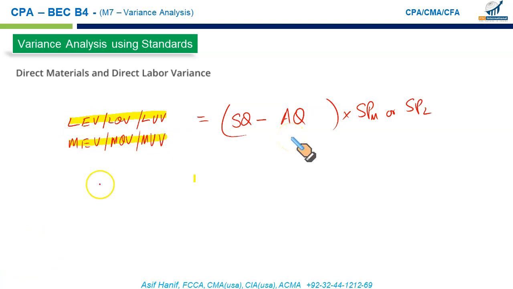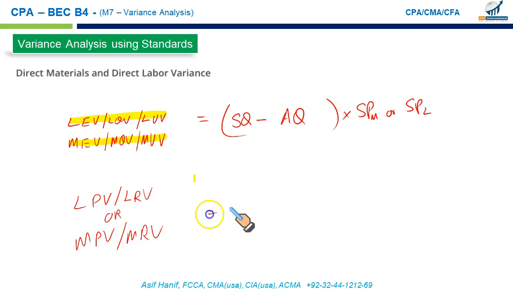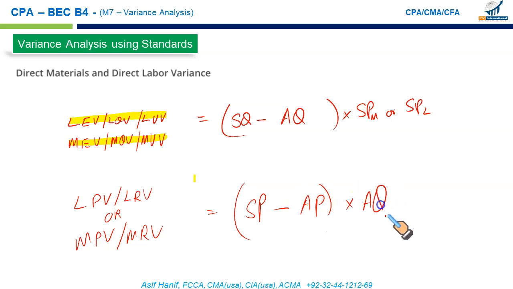I will show you. Then if you have to calculate the labor price variance, or also called the labor rate variance, or material price variance, or the material rate variance, simply use this formula. The standard price we should have paid minus the actual price we actually paid, multiplied by the actual quantity used, and sometimes he might ask you to calculate the variance on actual quantity purchased. You have to be careful what you're doing.